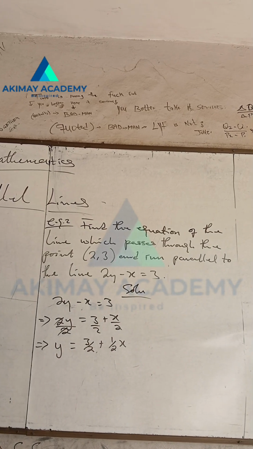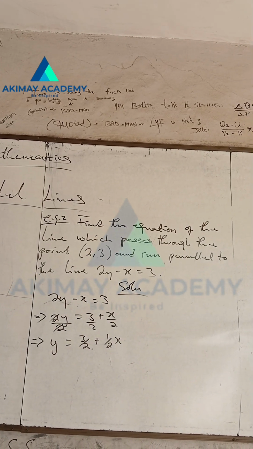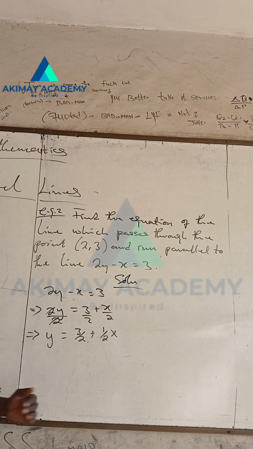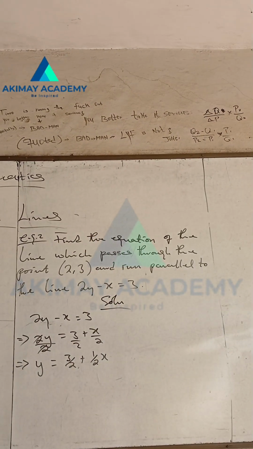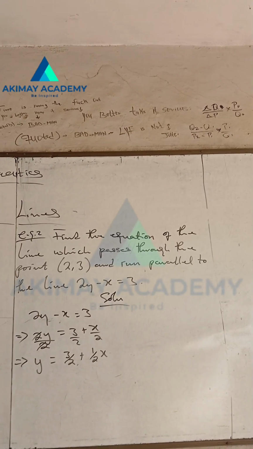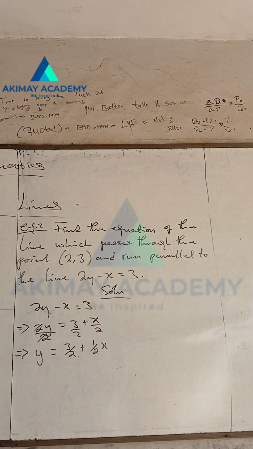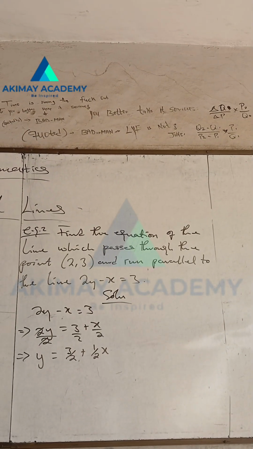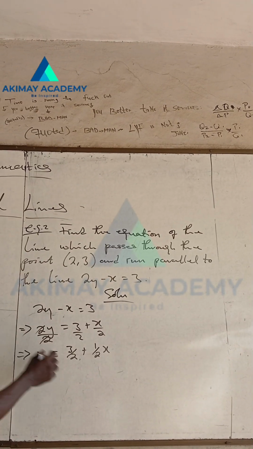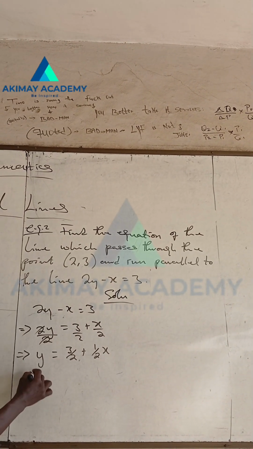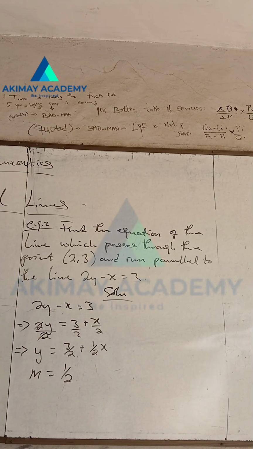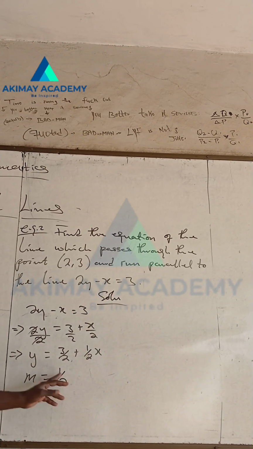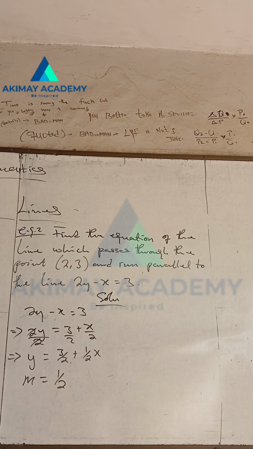Okay? So in this case, after making y the subject, the coefficient of x is always the gradient. So in this case, the gradient m is equal to 1 on 2, right? The gradient is 1 on 2 because 1 on 2 is the coefficient of x.